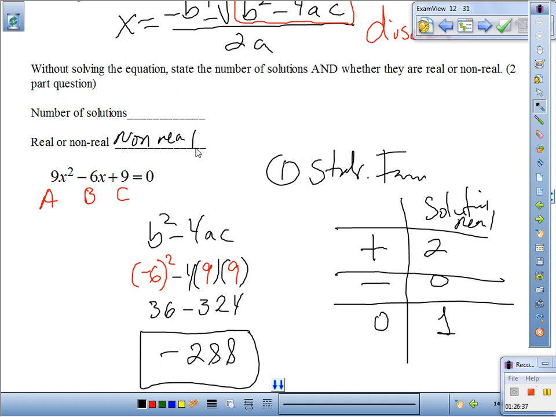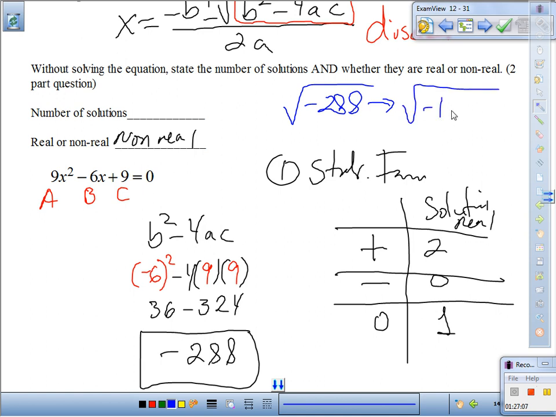Yes. Now, why is it non-real, Mr. Q? Because if we put that in a square root, can we take a square root of negative 288? No, unless we get what? An imaginary number. So how many imaginary numbers are we going to get? Okay, let me rewrite this. Some of you are looking at me like, I don't know what's going on, Mr. Q. Negative 1 times 288.